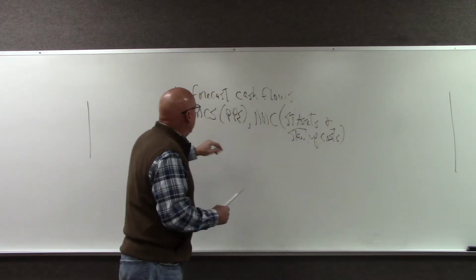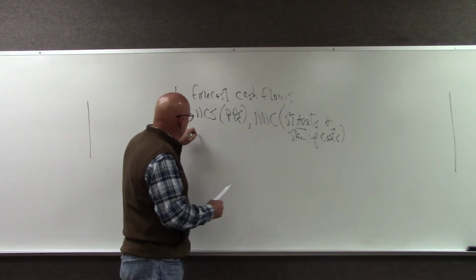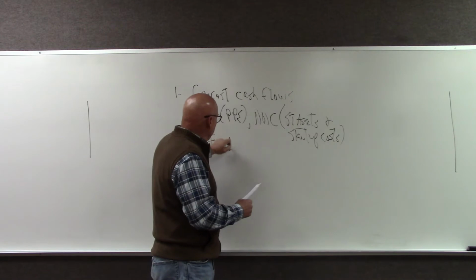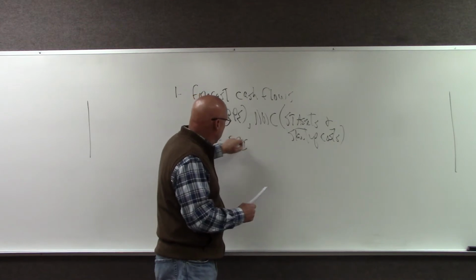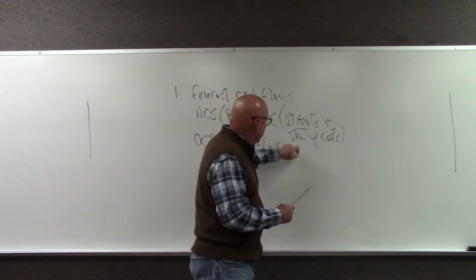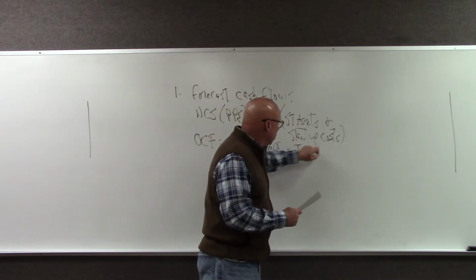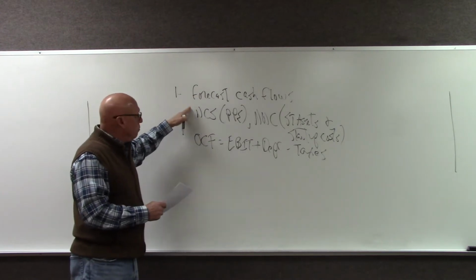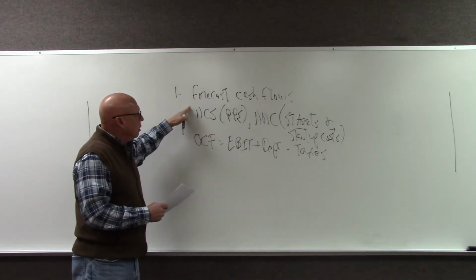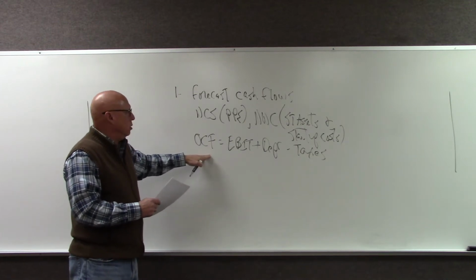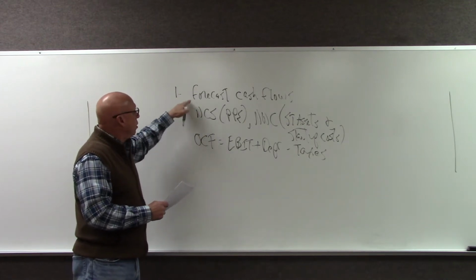And then you have to calculate your operating cash flows, which is your EBIT plus depreciation minus taxes. So you have to raise money and spend money in order to generate cash flows. That's what business is. Okay? So we're forecasting our cash flows.